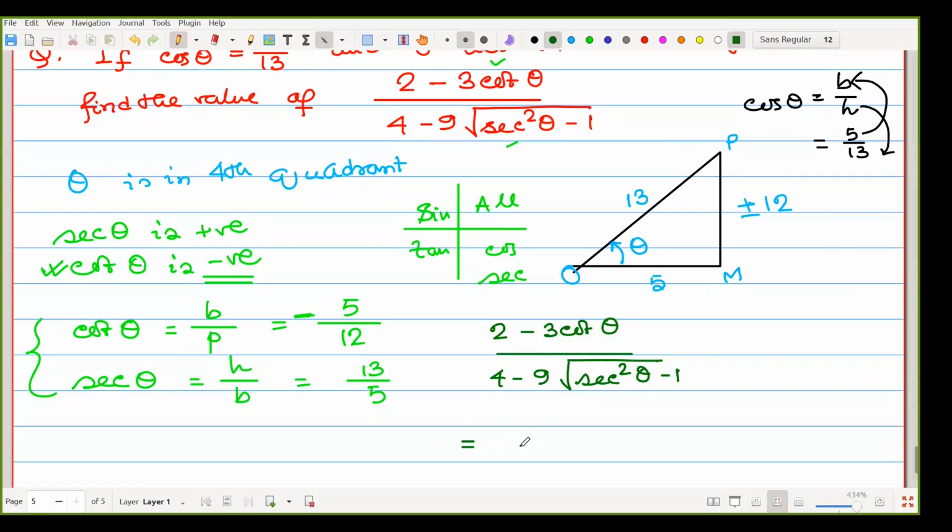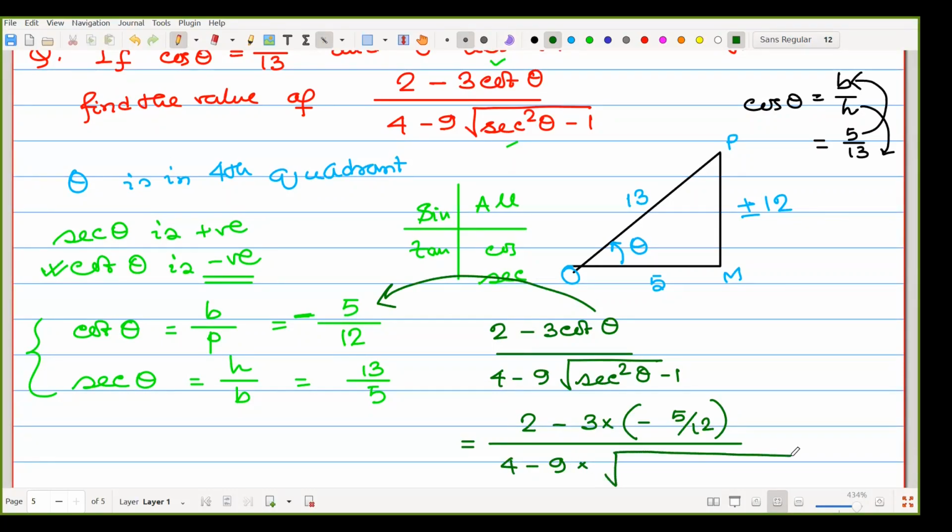Just put the values. 2 minus 3 into minus 5 by 12, as that is the value of cot theta, and 4 minus 9 into square root of 13 by 5 whole square minus 1.